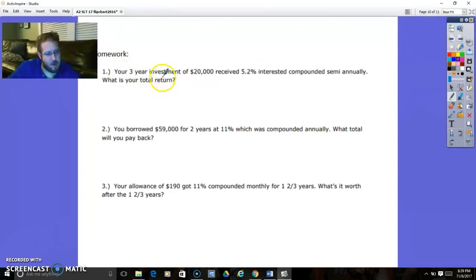Your 3-year investment of $20,000, so $20,000, received 5.2% interest, so that's 1 plus 0.052. Notice I moved the decimal twice to the left. Compounded semi-annually, which means 2, to the 2 times 3 because it's been 3 years.